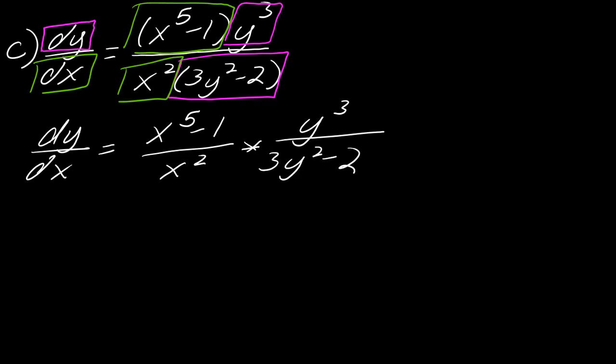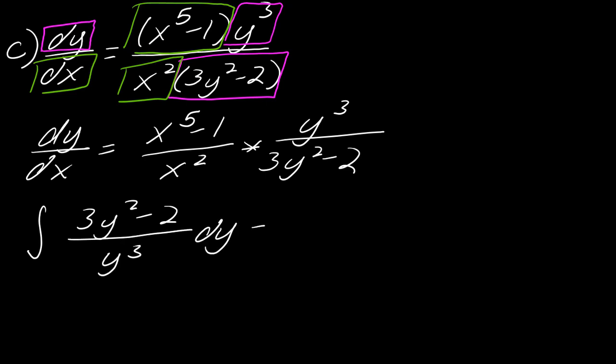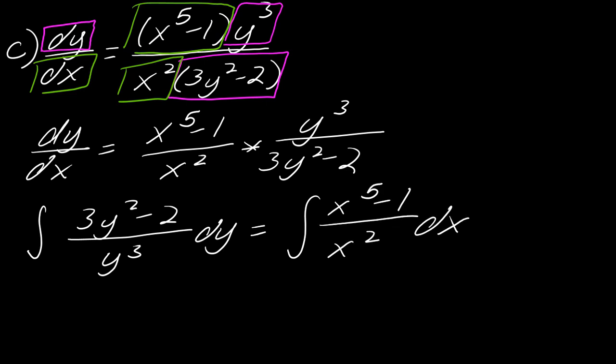So here's how this really separates. Then you're multiplying by the reciprocal of this to bring this over to the other side. So this will look like 3y squared minus 2 over y to the 3rd dy, and on this side x to the 5th minus 1 over x squared dx.